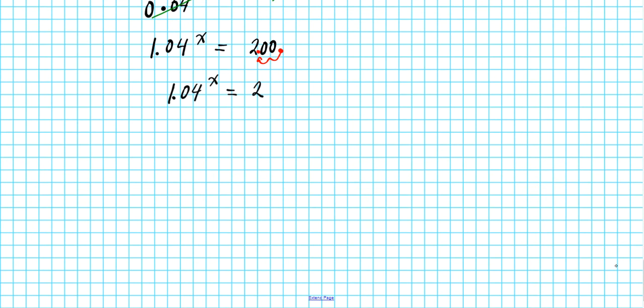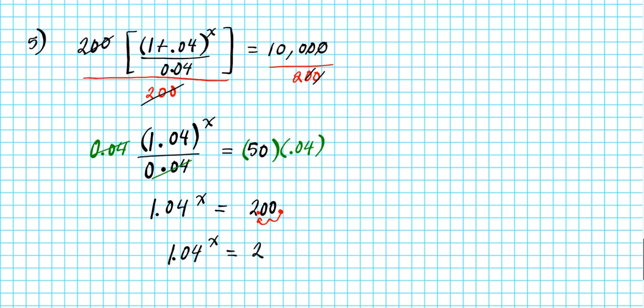I will be using natural log for this problem. Okay, so let's go ahead and do that. I'll have the natural log on the left side of 1.04 raised to the x power equals the same thing on the right side to preserve equality, the natural logarithm of 2.